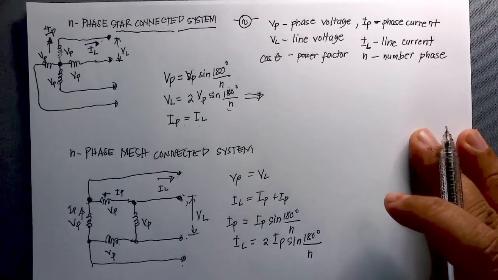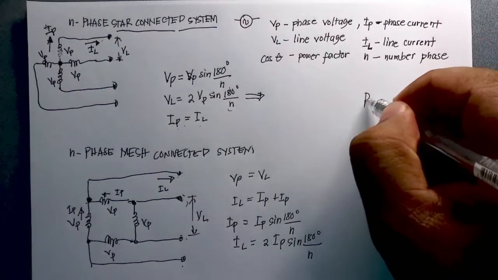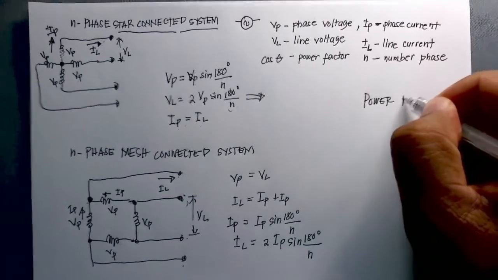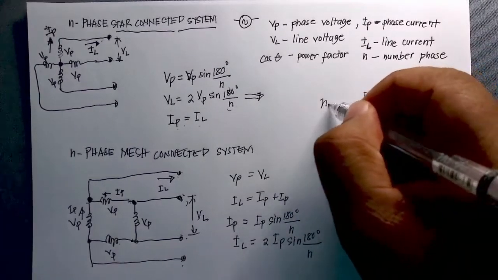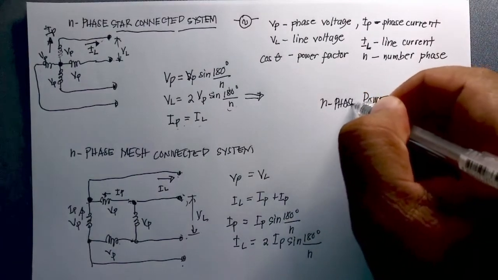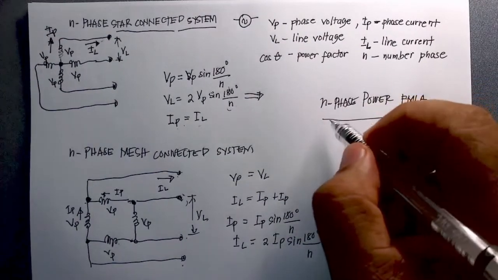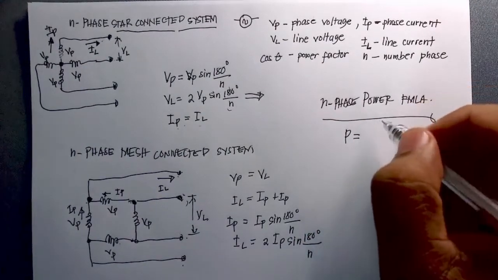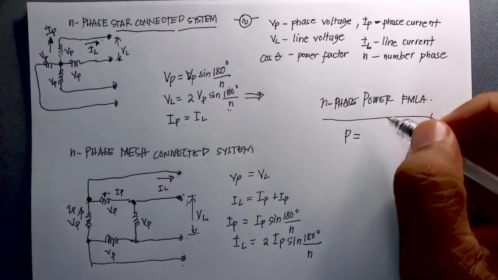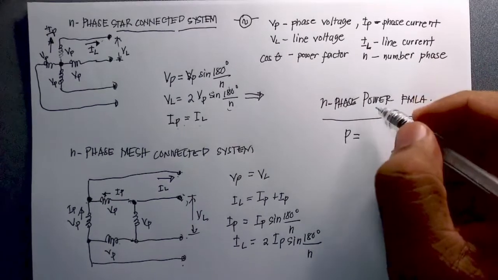And for your N-phase power formula, or the polyphase power formula, we have this equation. P is actually the multiplication of your phase value for the voltage and the phase current times the number of phases.